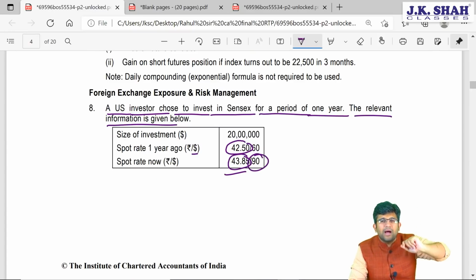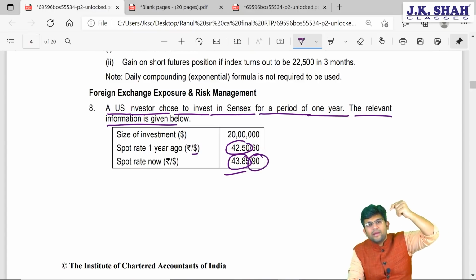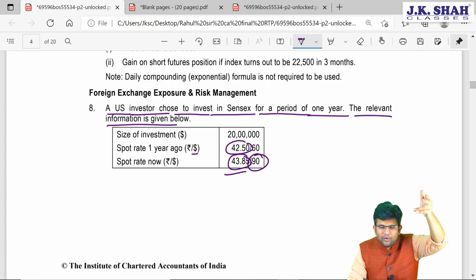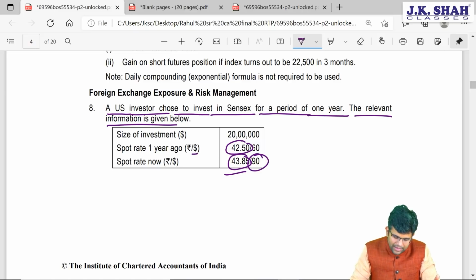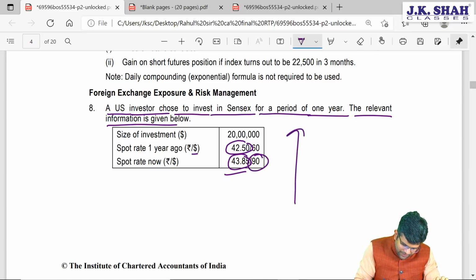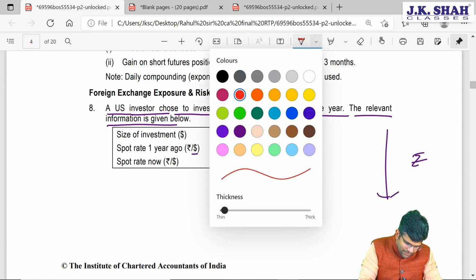Which means the appreciation in dollar which should have been there according to PPPT, that much appreciation is not happening. So this is appreciation in dollar and this is corresponding depreciation in rupee. In reality, what has happened?